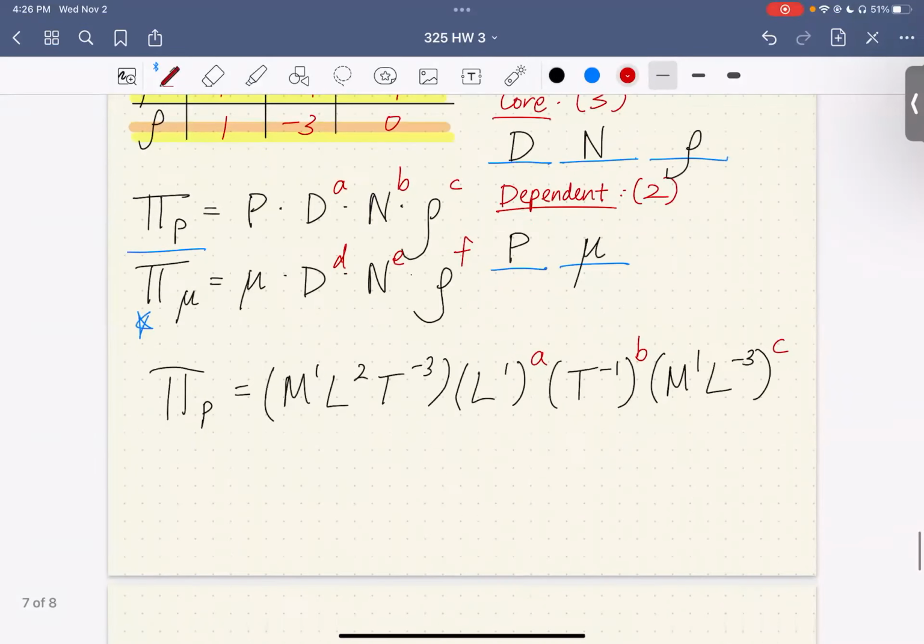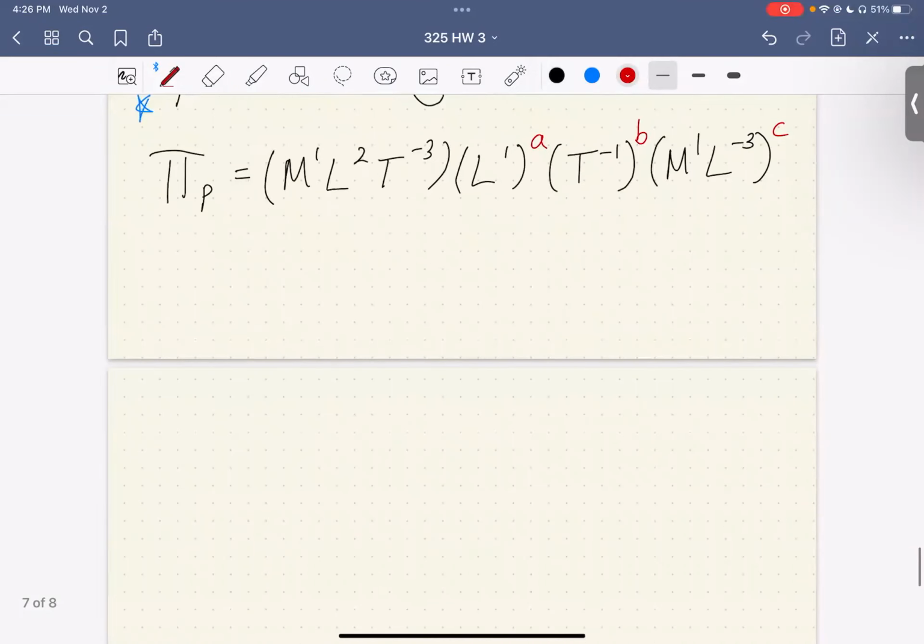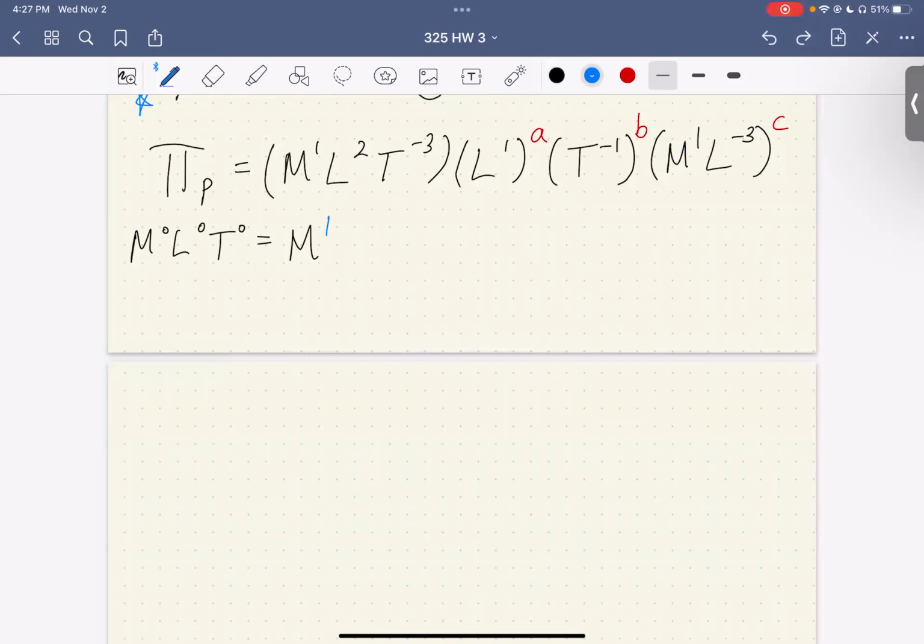So again, we just need to combine our like terms and solve for A, B, and C. So we have M0, L0, T0 equals M to the 1, and then we have 1 and C, so times C. Then L, we have 2, then we have 1 and A right here, plus A, and then we have minus 3 and C, so minus 3C.